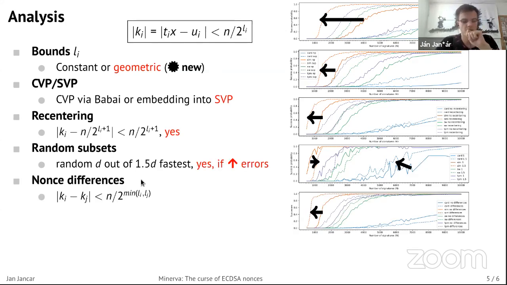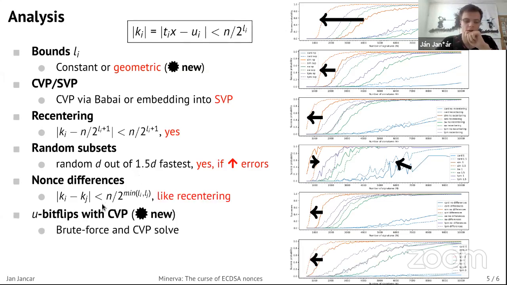We also tested nonce differences, which is just something that you can do. We didn't really think it would improve anything, but we found out that it somehow fixes errors sometimes, and it increased the success rate similarly to how recentering does.